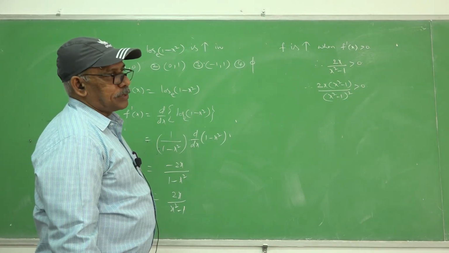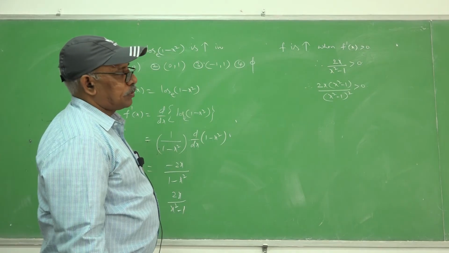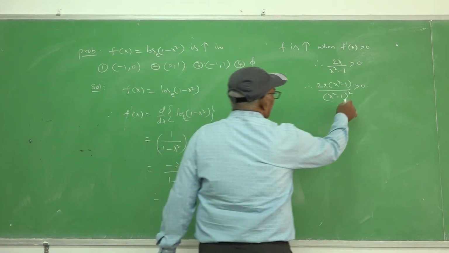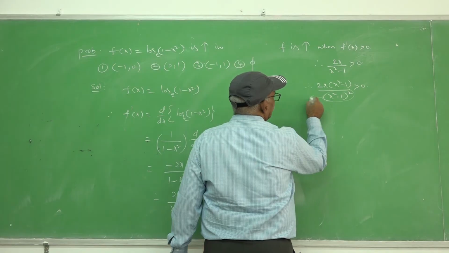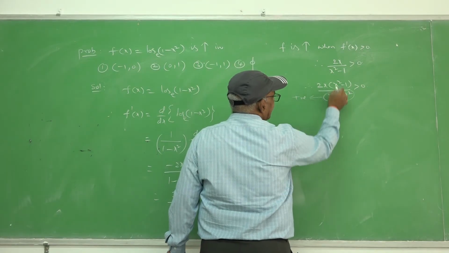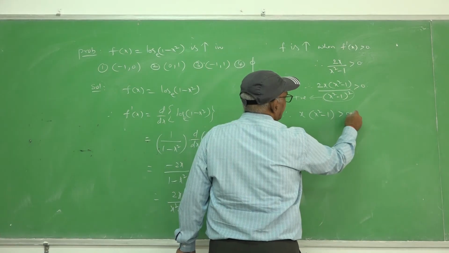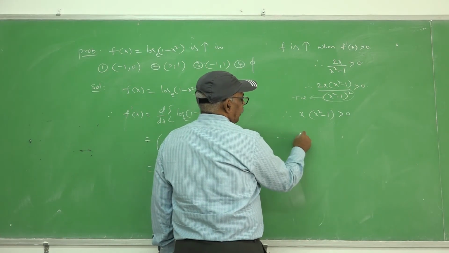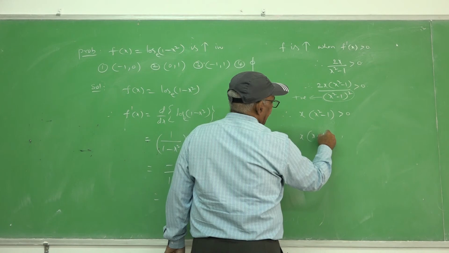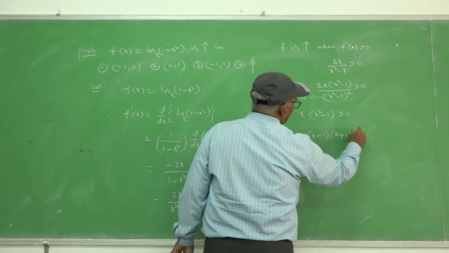It is 2x into x square minus 1 by x square minus 1 whole square, which is positive. Clearly, the denominator is a perfect square, positive. Hence, the numerator must be positive. Therefore, x into x square minus 1 is positive, so x into x minus 1 into x plus 1 is positive.